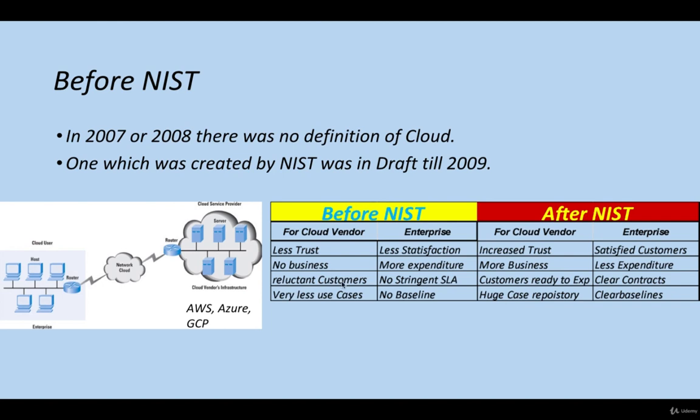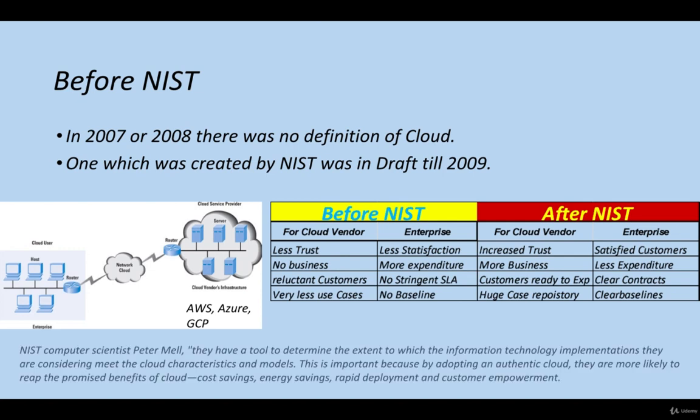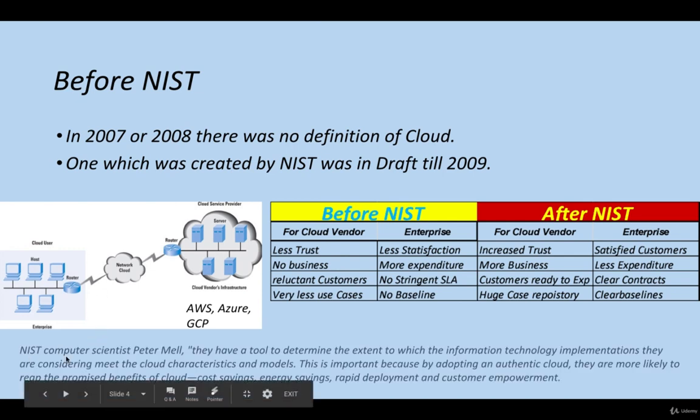So just remember what we studied, that for both, the baseline was to check for those five characteristics. Don't worry, we'll dig into those five characteristics one by one so that you can have a solid understanding of cloud computing. So this is the definition, or a note, which was provided by the scientists of NIST.